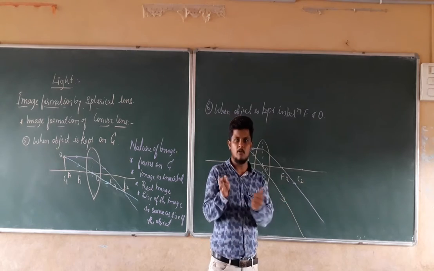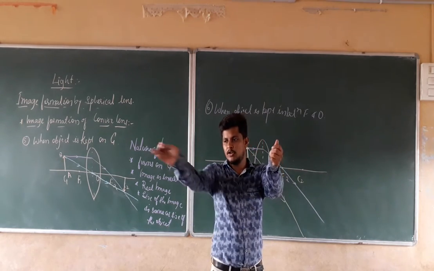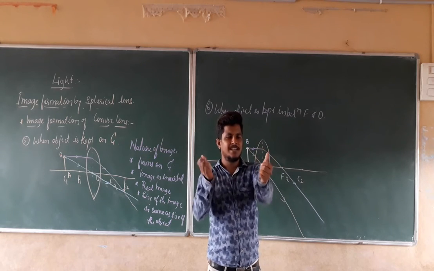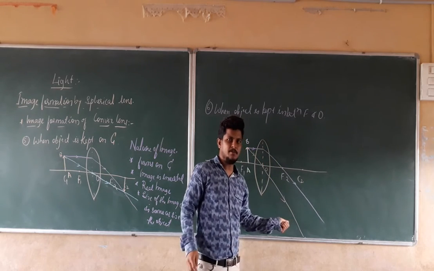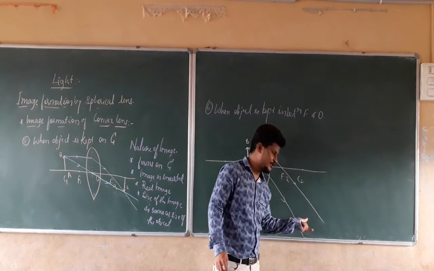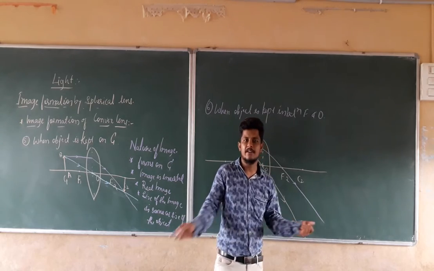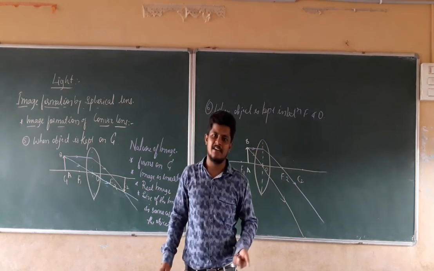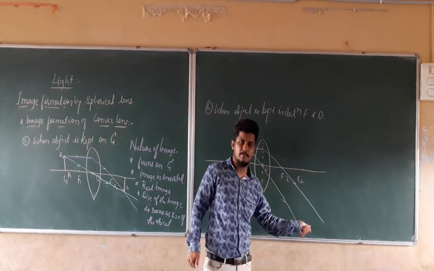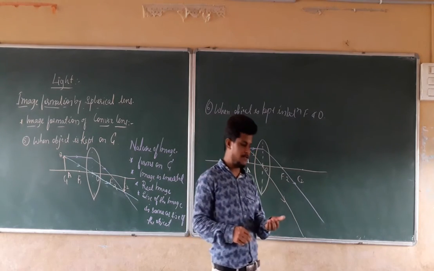Like one light ray is going in this direction, another light ray is going in this direction. That means the possibility of both the light rays intersecting is not possible here. Why is it not possible? Both the light rays are diverging. If both are diverging, is it possible to form an image there? No, it is not possible. So then how does the image form here?